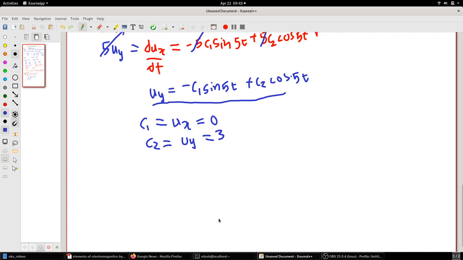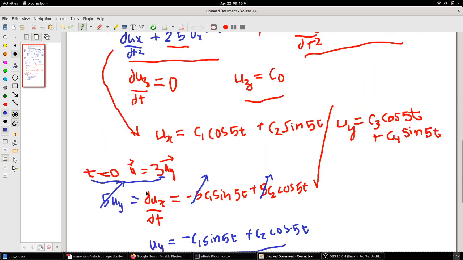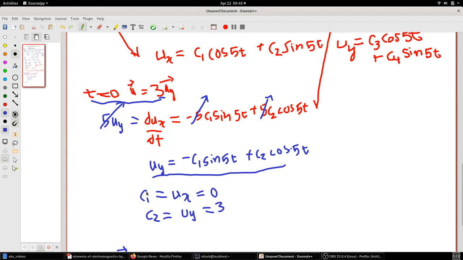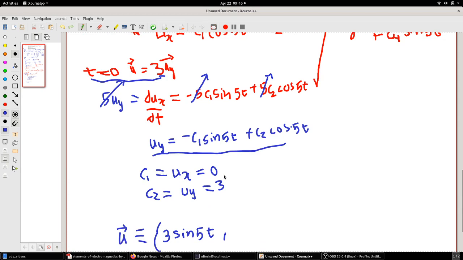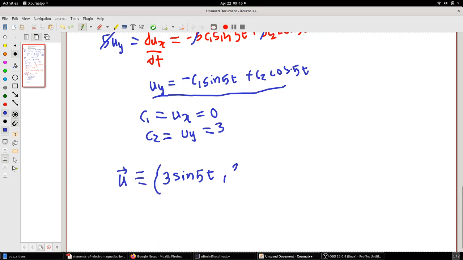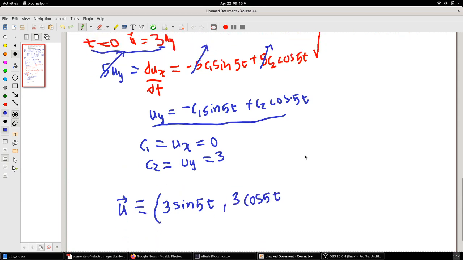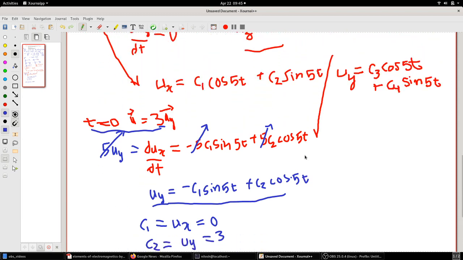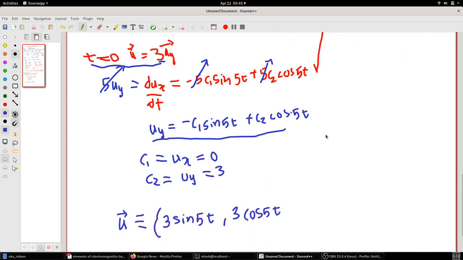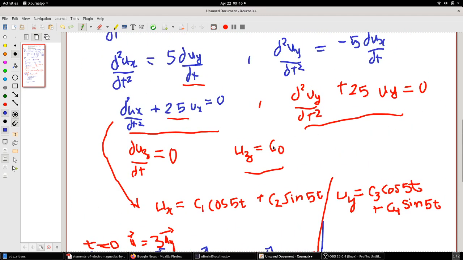So what it will turn out now is u will be equal to 3 sine phi t, ux equal to 3 sine phi t, uy will be equal to 3 cos phi t, right? And in your uz, c0 will be the third one which we have taken. uz is 0 at t equal to 0, right?